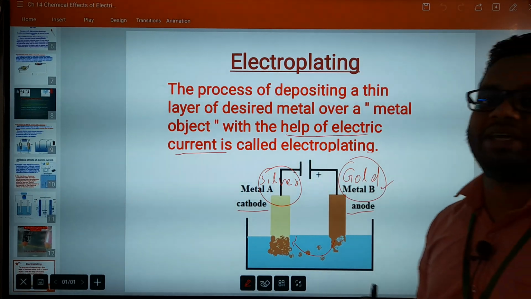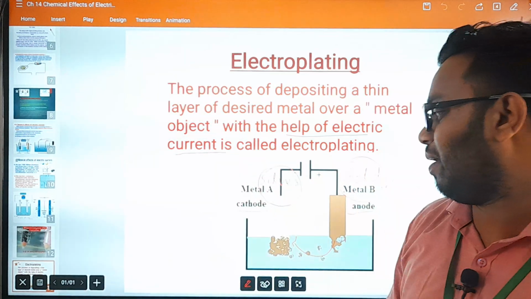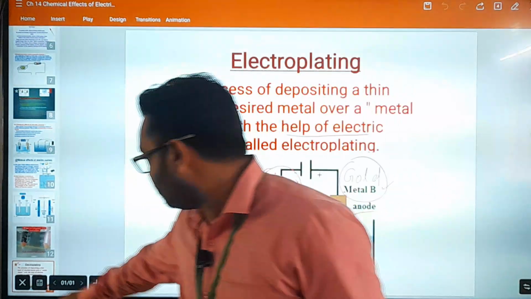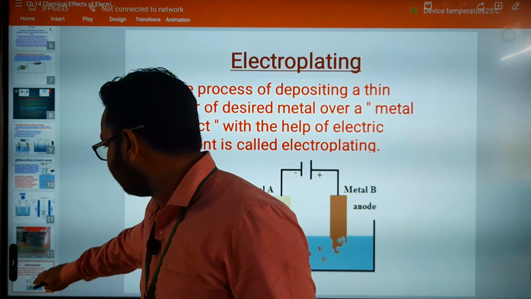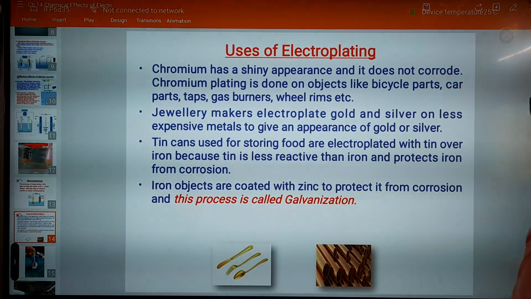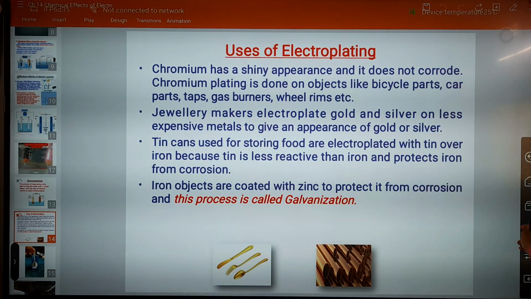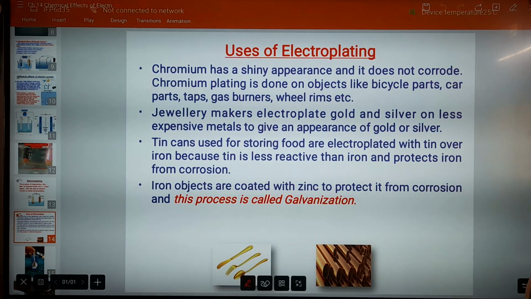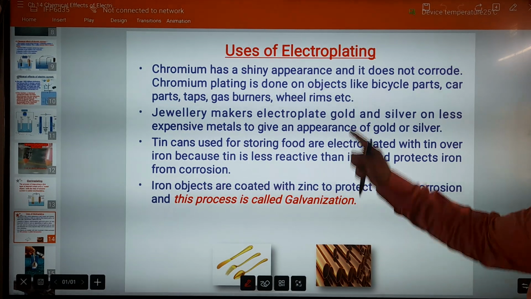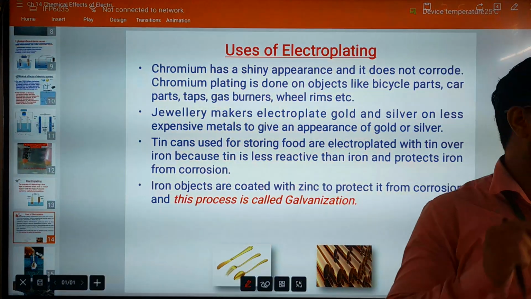We will see what the uses of electroplating are, how it is useful in our life. So you see here the uses. First is chromium. Chromium is a very shiny metal.